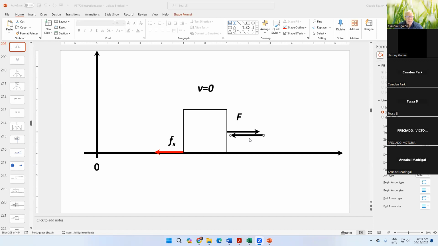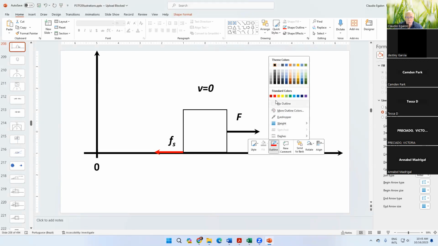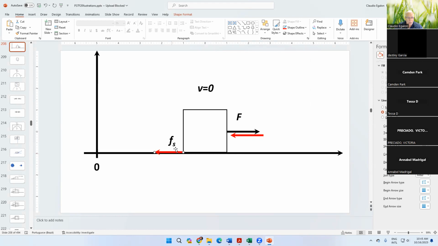Okay, so here you go. Now, if I increase this force to 2 newtons, for instance, and the object still does not move, so we can say that the force of static friction is going to be 2 newtons as well. However, there will be a point in which the force is increased to a point where the object is about to move.